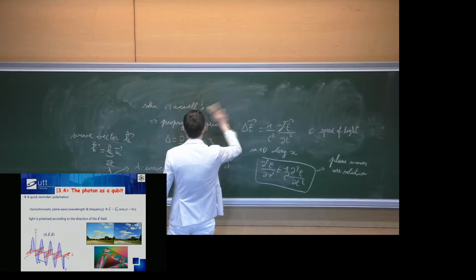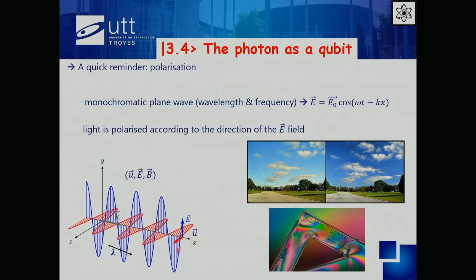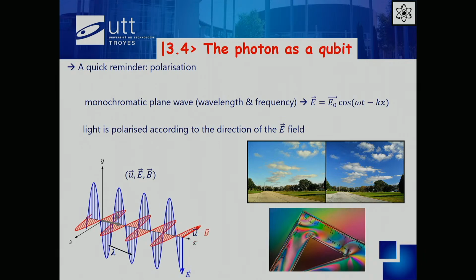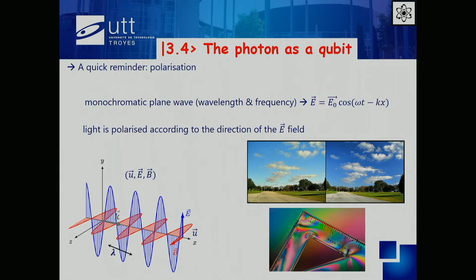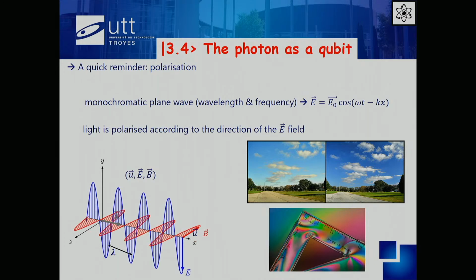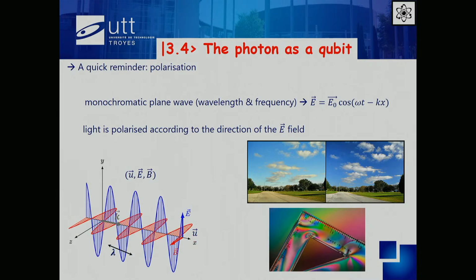I will write that because we're going to need that. So the plane waves for light propagating according to Maxwell's equations look like this.